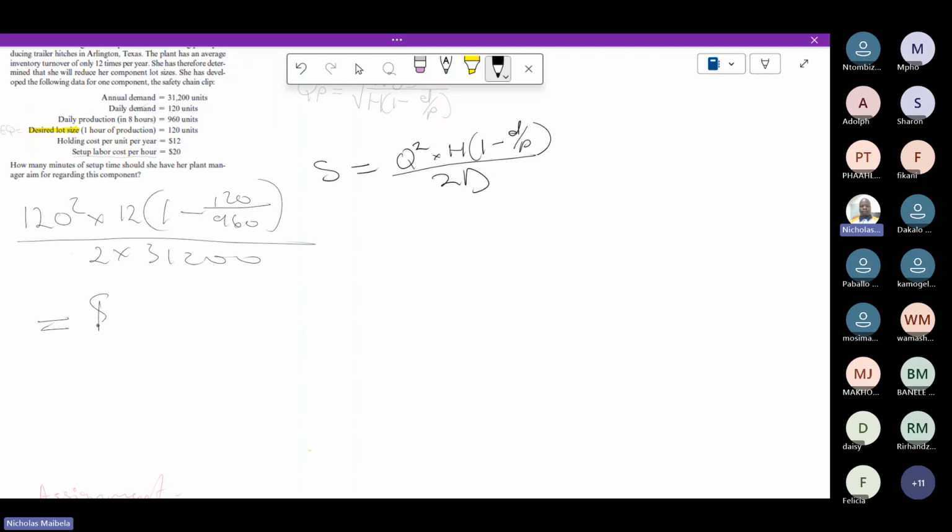Setup cost in dollars. I get 2.42. All right.